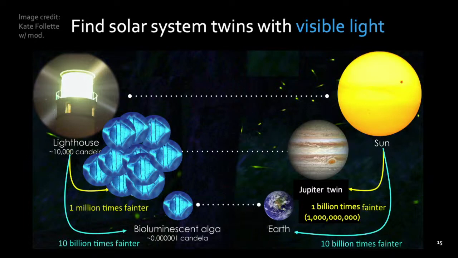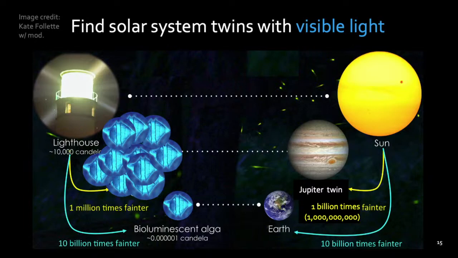So instead, we need to go look at visible light reflected off of their cloud tops or off of their surfaces. So for something like Jupiter around a sun-like star, instead of 1,000,000 to 1 brightness ratio, we're talking about 1,000,000,000 to 1 brightness ratio. So instead of a firefly, it's a little cluster of bioluminescent algae.